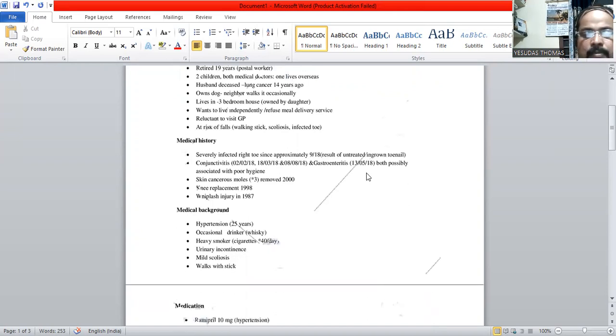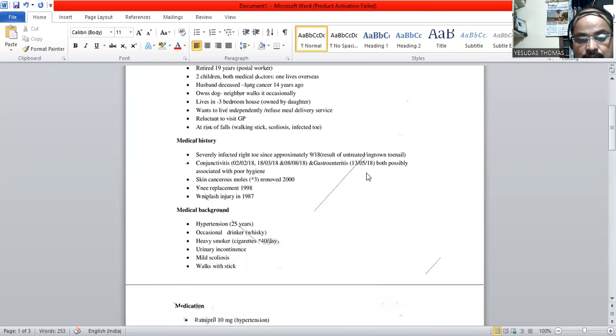Now, about the medical background, she has a lot of medical history. She has a history of toe infection before, conjunctivitis, gastroenteritis. Conjunctivitis and gastroenteritis are associated with poor hygiene.